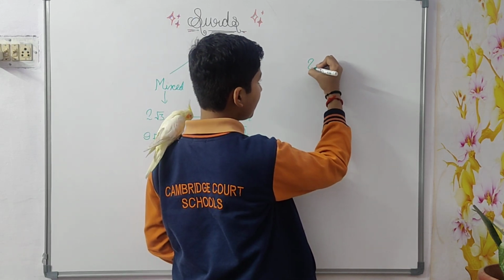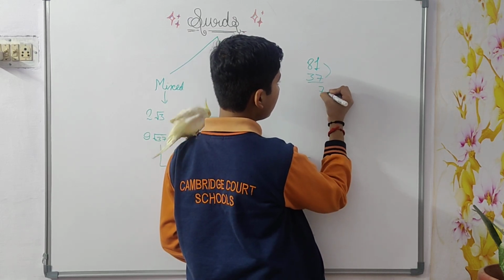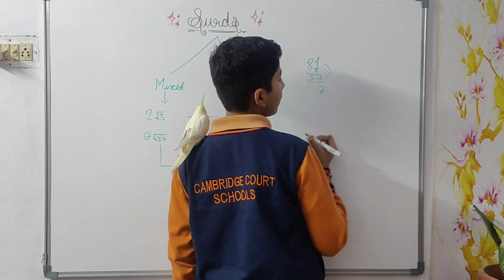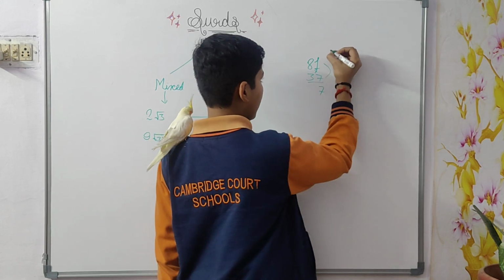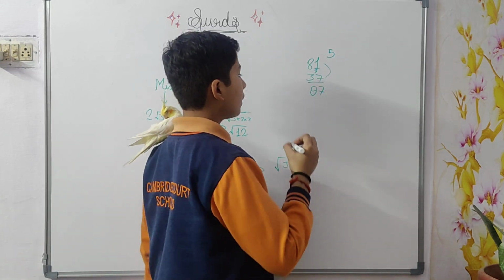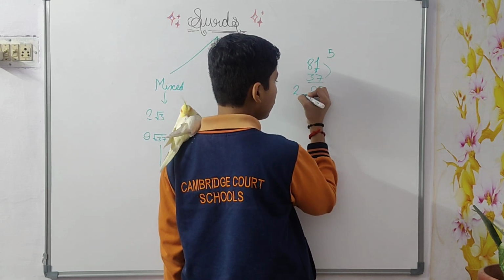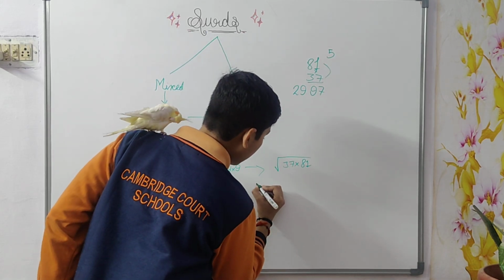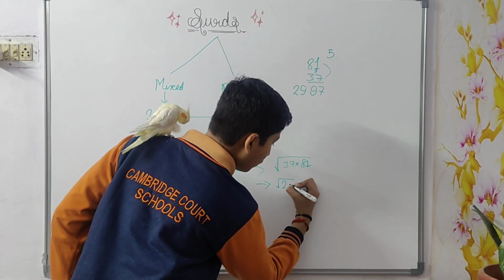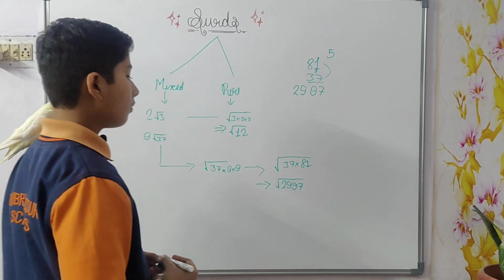Now if I calculate it here, 81 into 37: 7 ones are 7, 8 sevens are 56, and 3 ones are 3, 56 plus 3 is 59. So 9 over here, and 5. Now 8 threes are 24, 24 plus 5 is 29. So 2997, which will be root 2997. This will be our root.